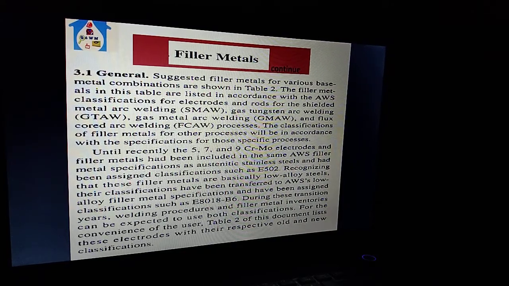The classifications of filler metal for each process will be in accordance with the specification for that process.